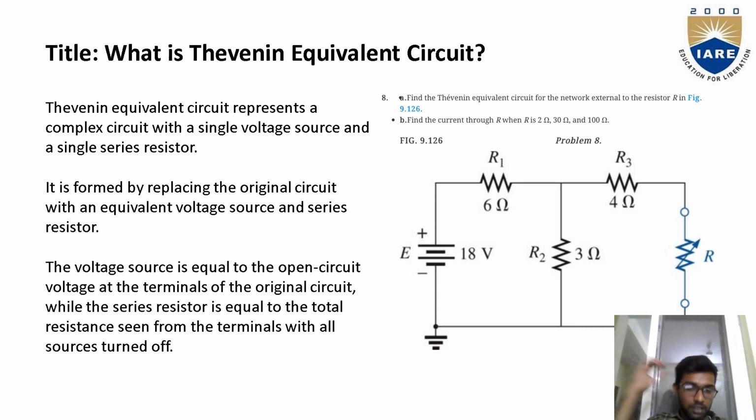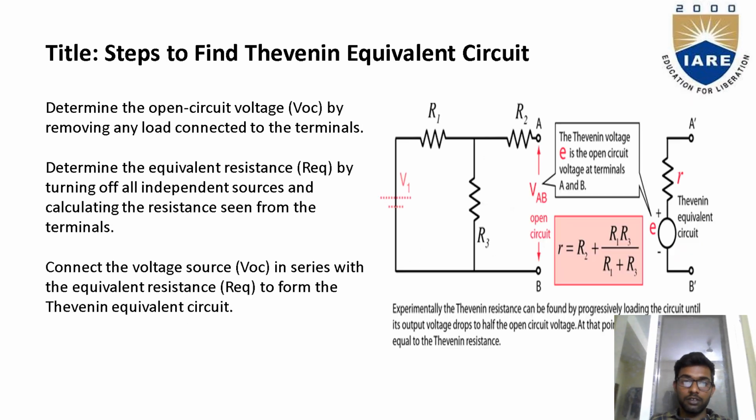Here we look at the terminals of the Thevenin circuit, which are open, and we solve using Ohm's equation. We will get the voltage and current, and the resistance can also be found from this Thevenin's equivalent circuit. Let's see the steps to find Thevenin's equivalent circuit.